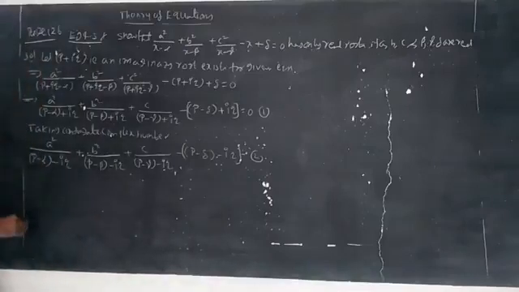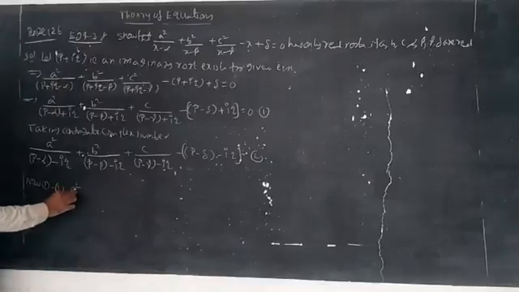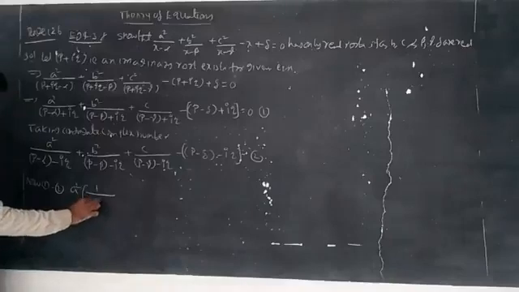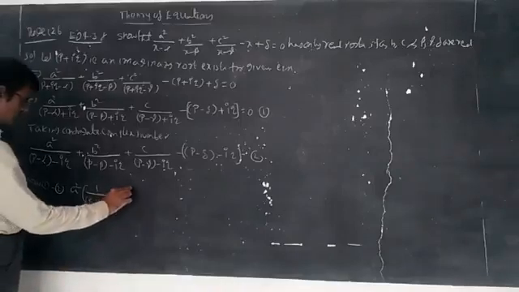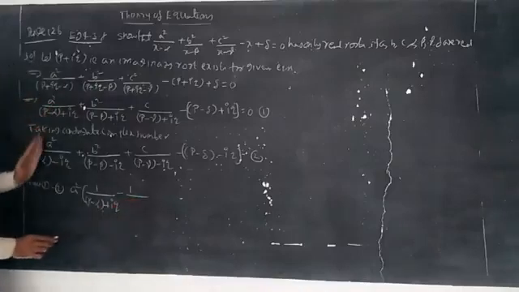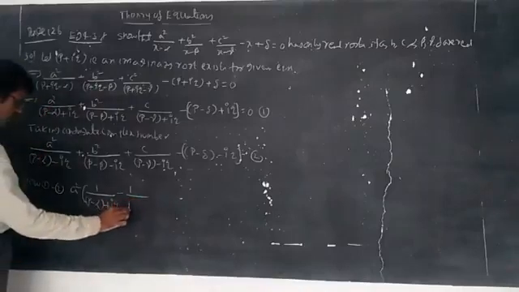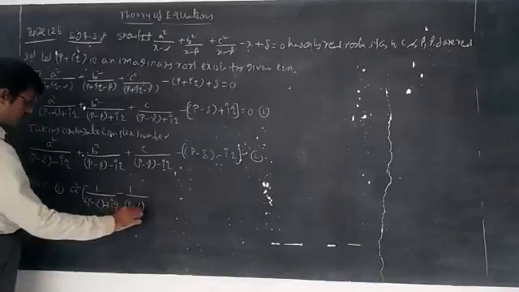Now 1 minus 2. You can understand here a square taken common: 1 by p minus alpha plus iq minus 1 by p minus alpha minus iq.